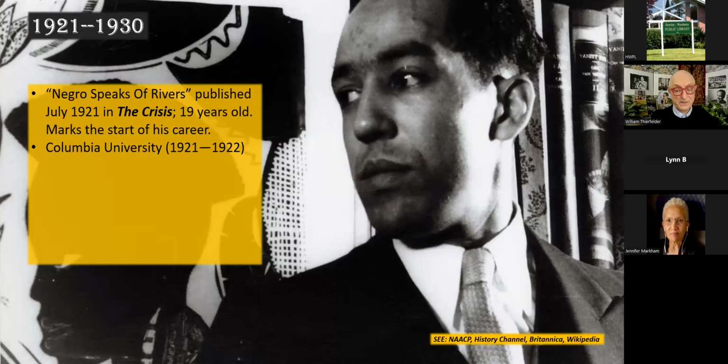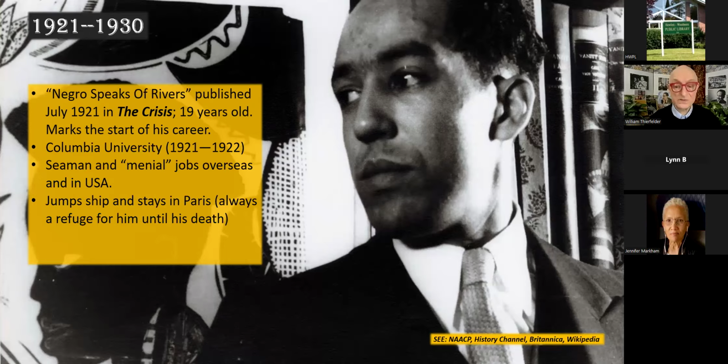Now, thanks to some money sent from that biological father who was living down in Mexico, he was able to attend Columbia University for a couple of years, 1921 to 1922. But Hughes, it turned out, was always a restless soul, so he left college and became a merchant seaman. At various ports, Hughes held a number of menial, quote-unquote, menial jobs, both overseas and in the United States.